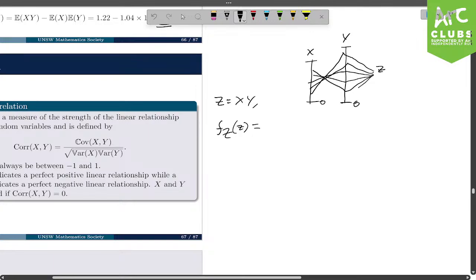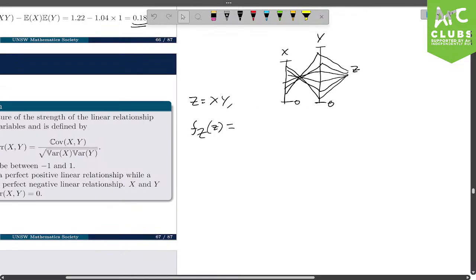Where I need to take z over y as my x value, because as z equals x, y, so x equals z over y.